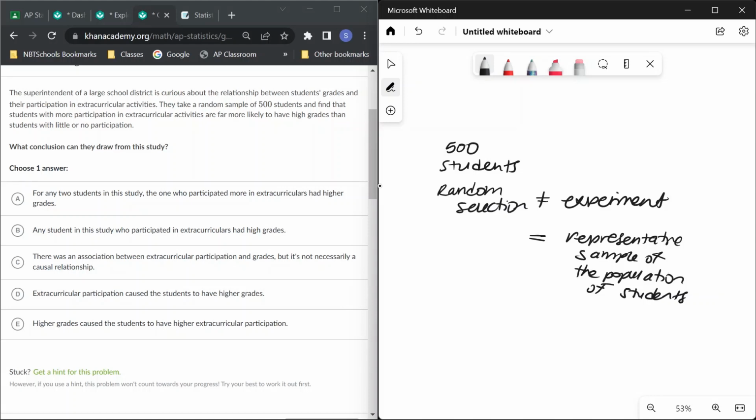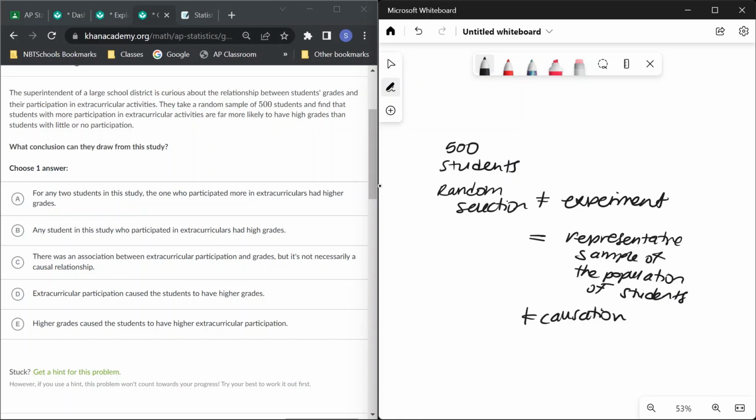So it's definitely not an experiment. It's an observational study. So we can't prove causation. We can't say that this causes that. But they're really asking for a relationship.